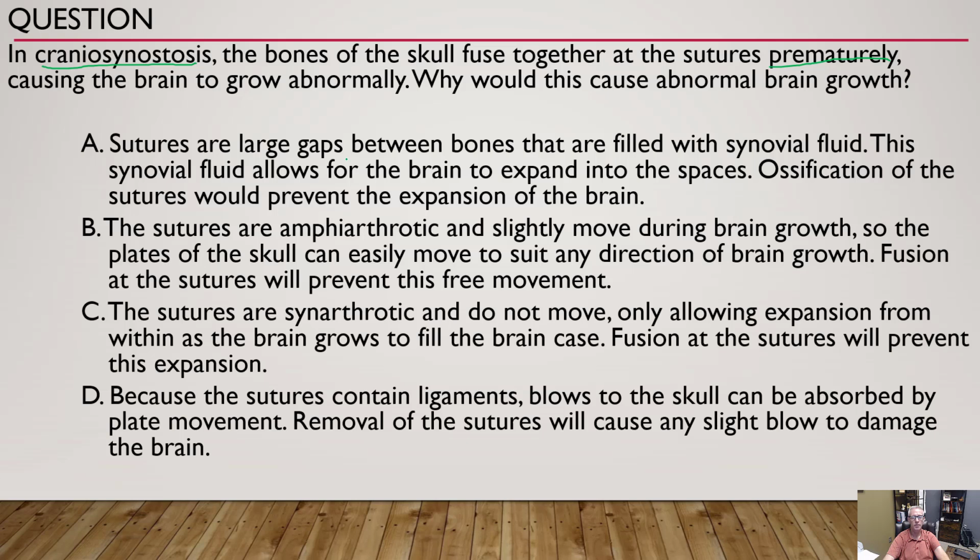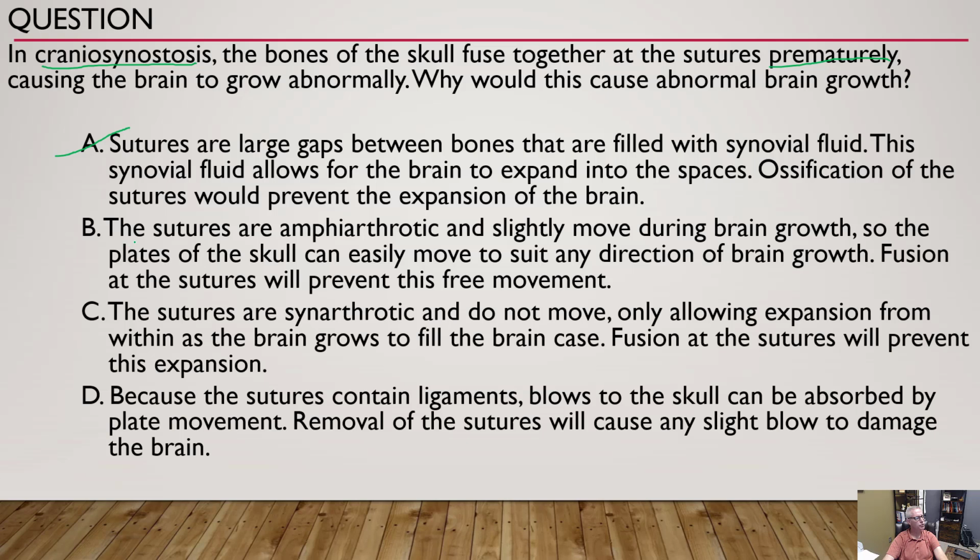We talked a little bit about synovial fluid when we talked about the visceral pericardium and the parietal pericardium, the visceral peritoneum and the parietal peritoneum, way back several chapters ago. But we have not talked about the synovial fluid in conjunction with the brain. There is no synovial fluid in sutures. So we're going to throw this one out.